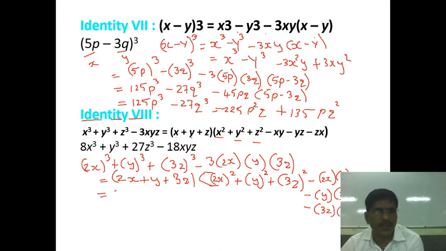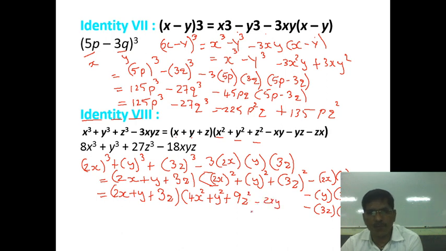So if we simplify, 2x plus y plus 3z, here it is 4x square plus y square plus 9z square minus 2xy minus 3yz minus 6zx. So this is the solution of the question given, 8x cube plus y cube plus 27z cube.